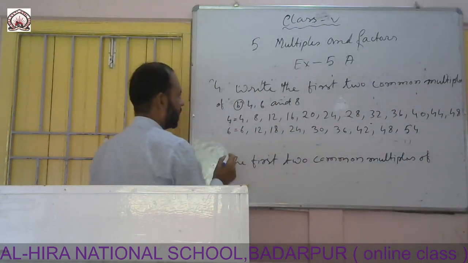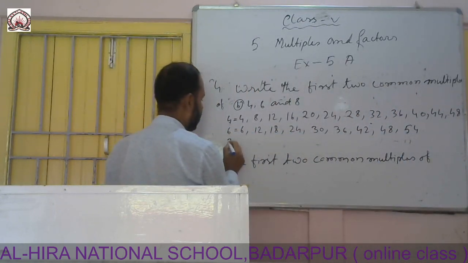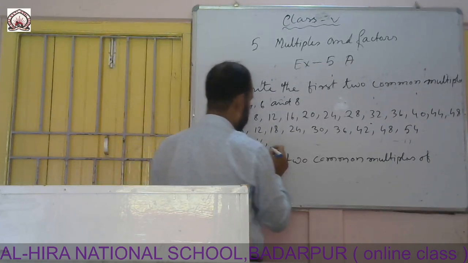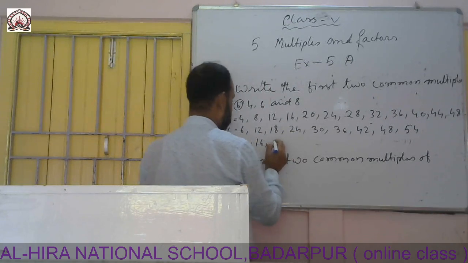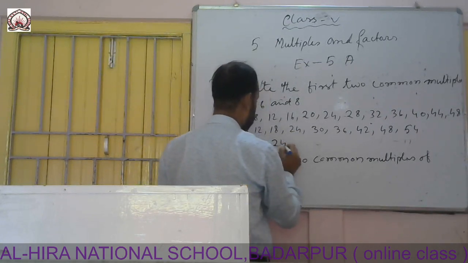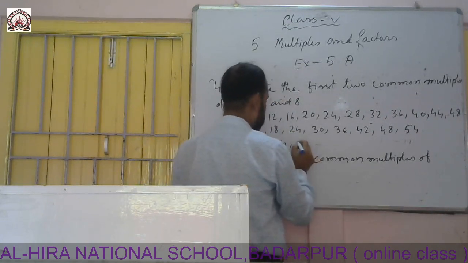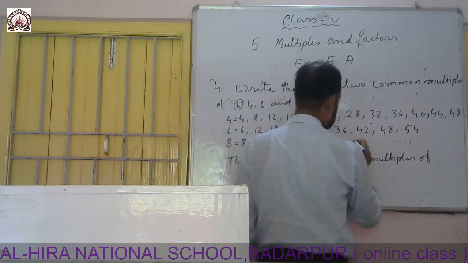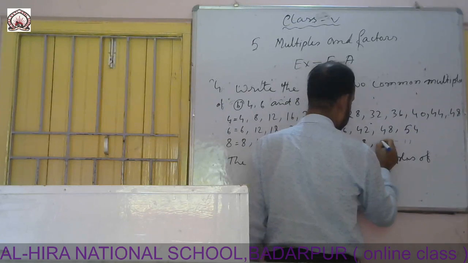Next we take out the multiples of 8: 8, 16, 24, 32, 40, 48, 56.